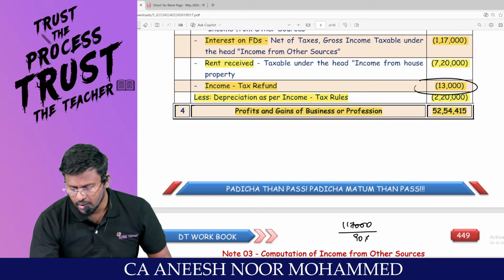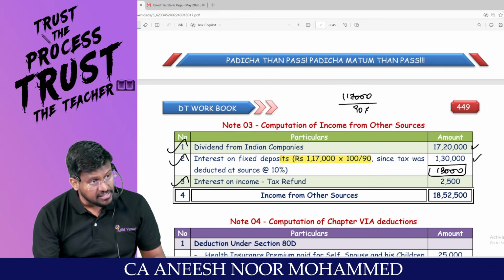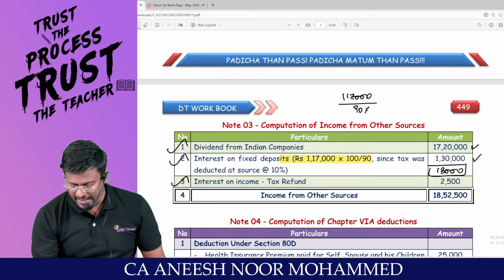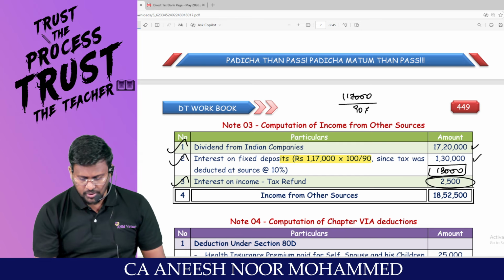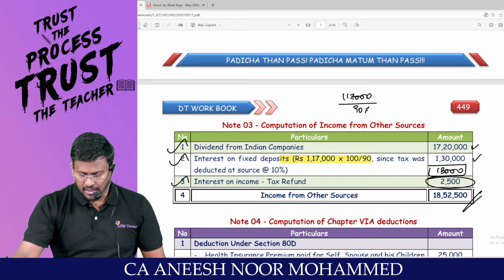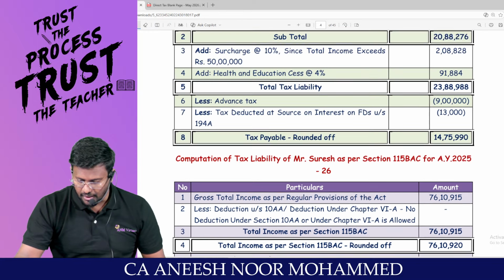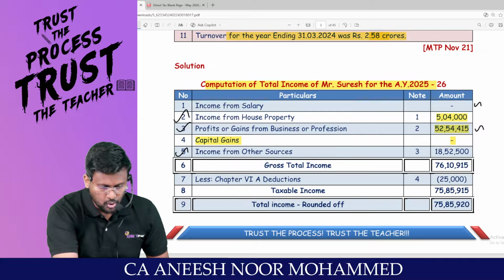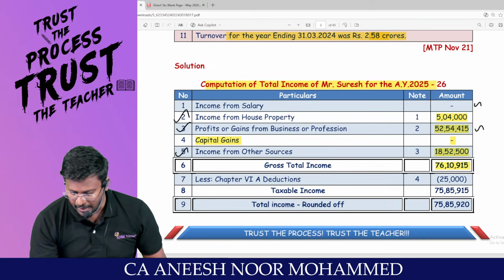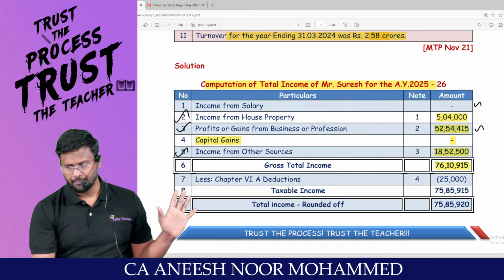Sir, 13,000. But this 13,000 includes both principal and interest. Only the interest will be taxable, 2,500. So you will be getting income from other sources of 18,52,500. I hope that even this is very, very comfortable to you. Done. Gross total income completed.